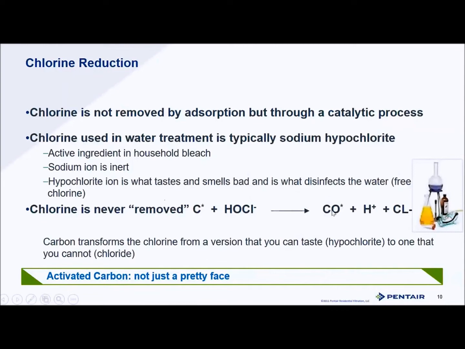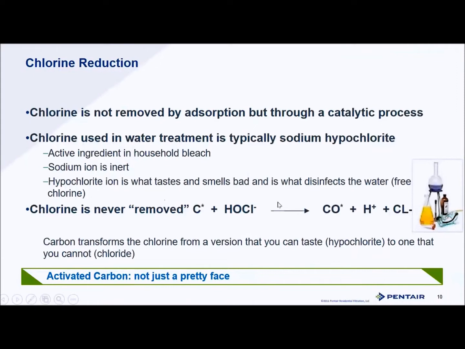And this acid will go back and forth on this oxygen molecule to make it actually an alcohol, and that can break out and form water again and reactivate the site. That's why you get some regeneration of catalytic sites in activated carbon while at rest.